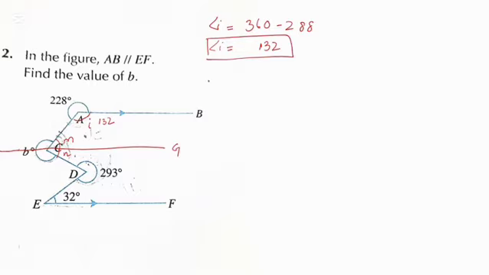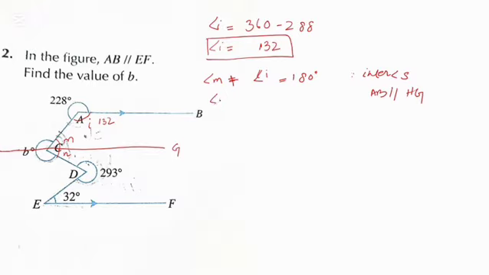So now we can easily find out angle M. Angle M plus angle I is equal to 180 degrees, since they are interior angles, because AB is parallel to HG.